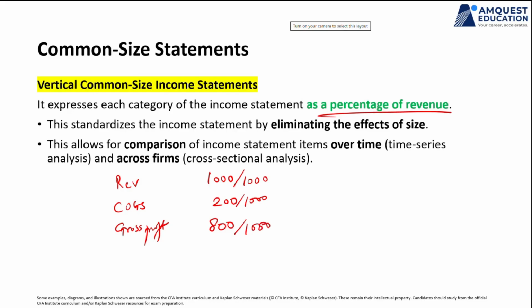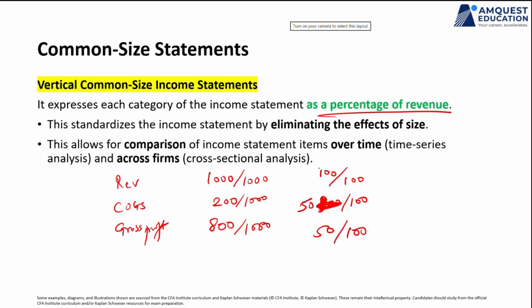And when you divide everything by revenue, this standardizes the income statement by eliminating the size of the firm, right? So we don't know whether it is a 100 rupee revenue company or a $1,000 revenue company. Let's say the cost of goods sold is 50 and gross profit is also 50.